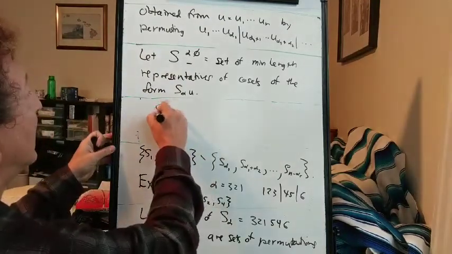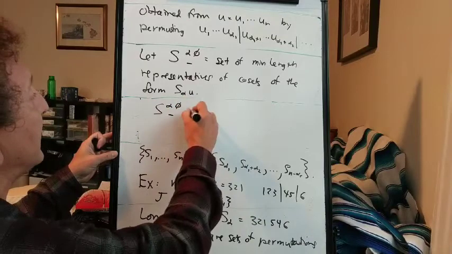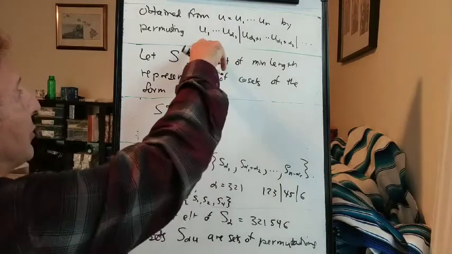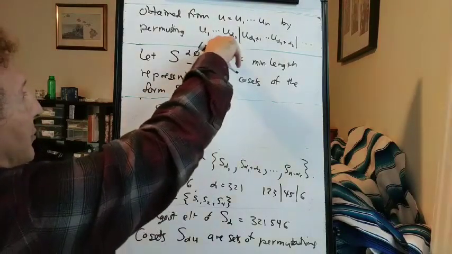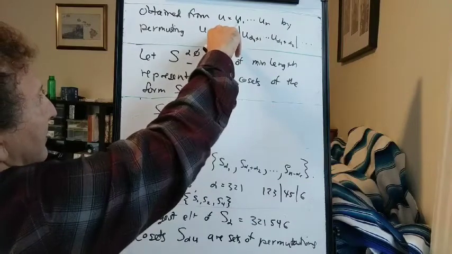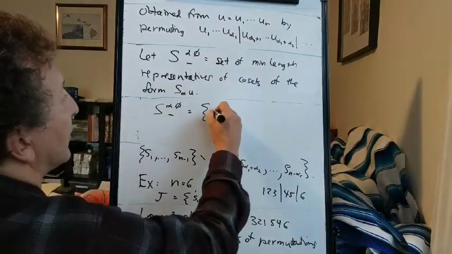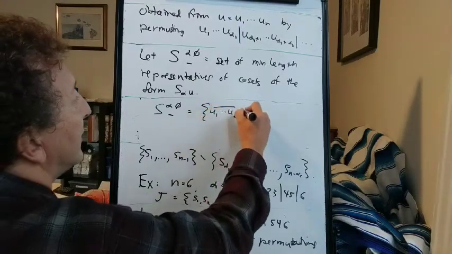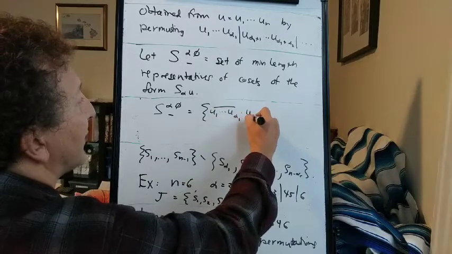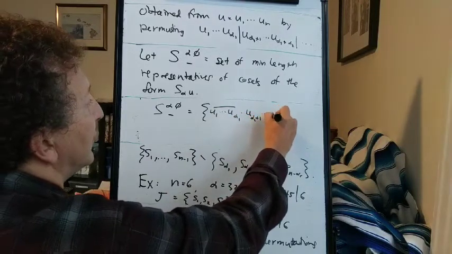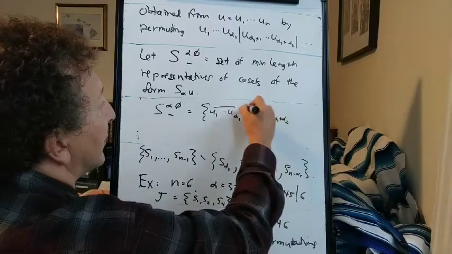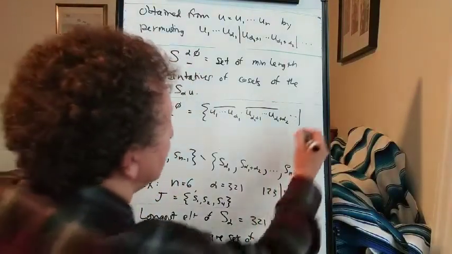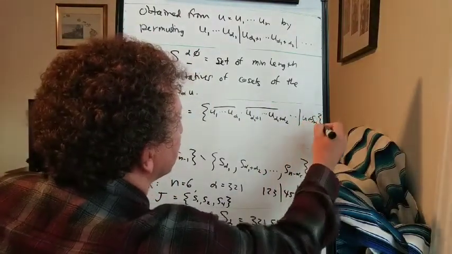The minimum length representatives are going to be the ones where we've got all increasing letters here, so as few inversions as possible, but we're not allowed to take letters from here and put them over there. So we'll have the increasing rearrangement of U1 through U alpha 1, followed by the increasing rearrangement of U alpha 1 plus 1 through U alpha 1 plus alpha 2, etc., such that U is any permutation we want.